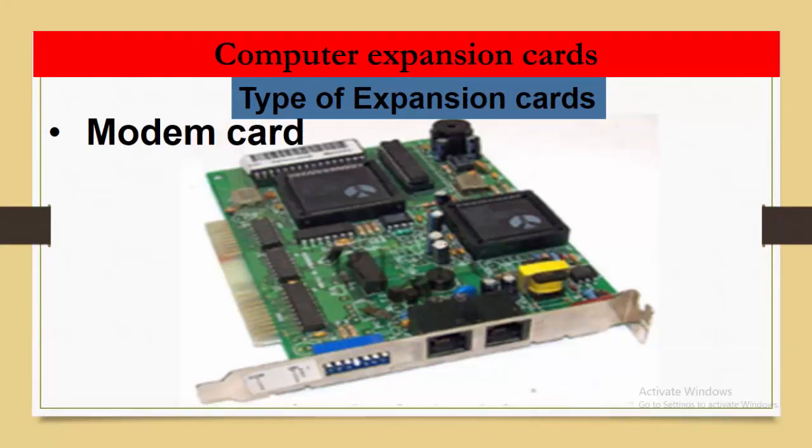A modem card, as you are seeing in the figure, allows a computer to send an analog carrier signal carrying digital information and decodes the reverse of this signal to reproduce the original digital data. The most common way of doing this in the past was by using electrical signals transmitted over telephone lines.